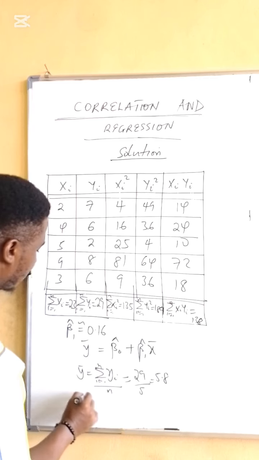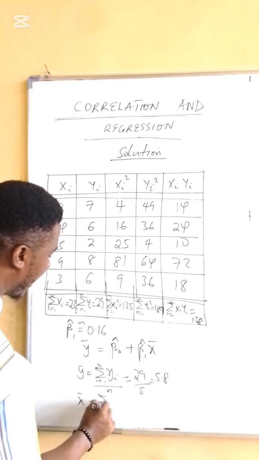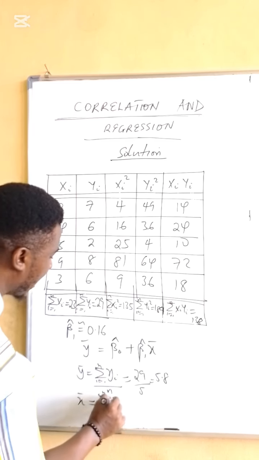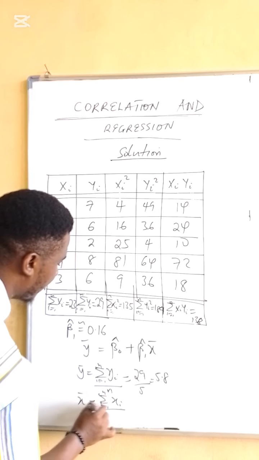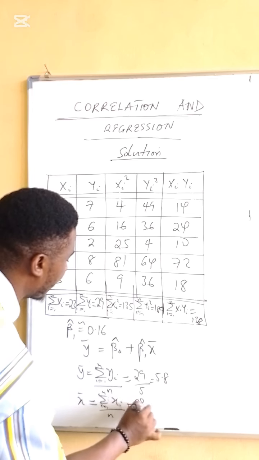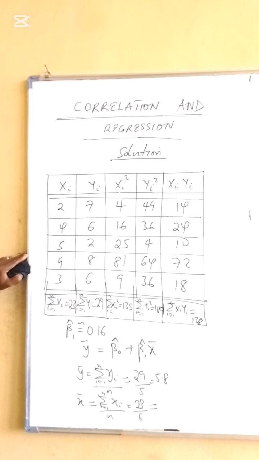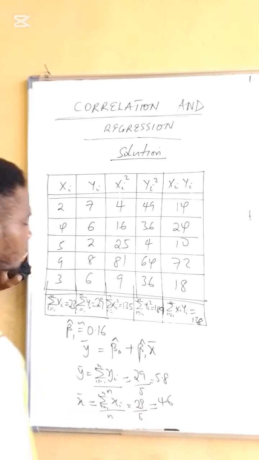Now, what's our x bar? Our x bar is summation from i equals 1 to n of xi divided by n, which is 23 divided by 5. That gives us 4.6.